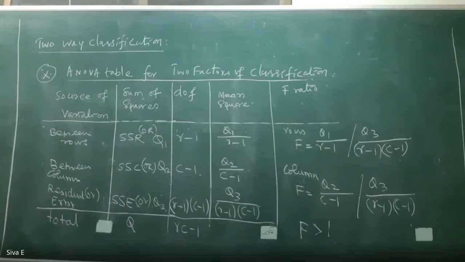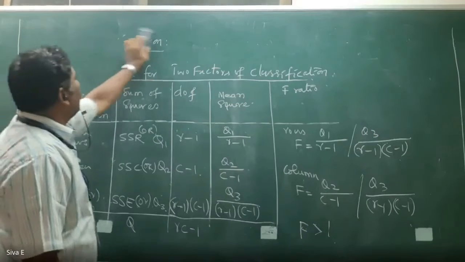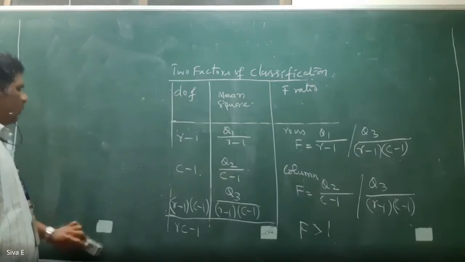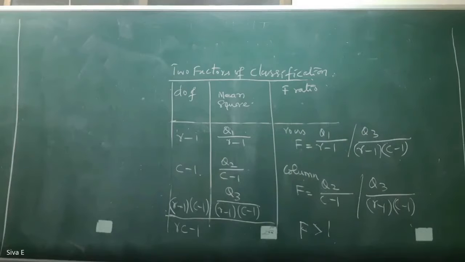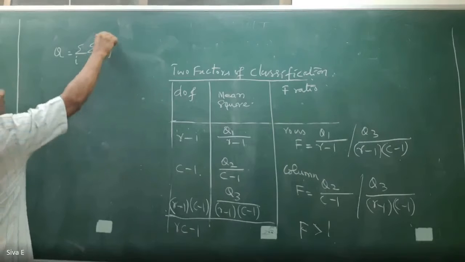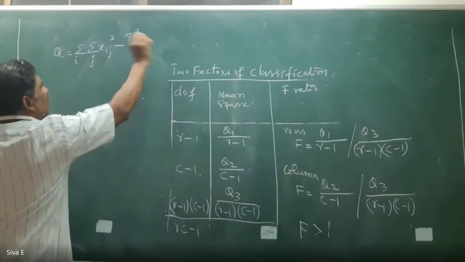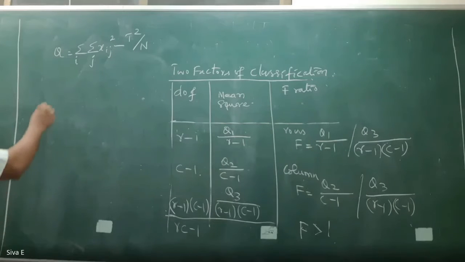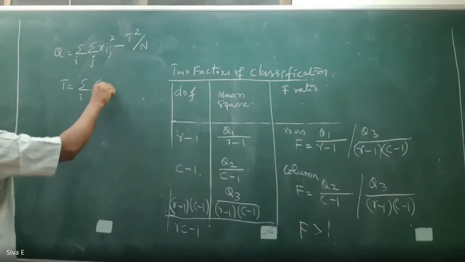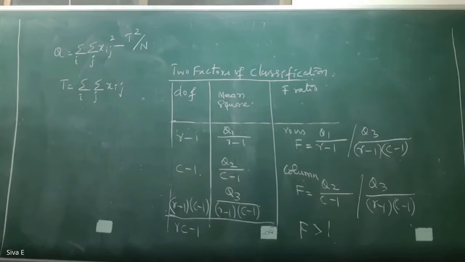Now we have to find Q1, Q2, Q3. Formulas to find them: Q equals summation of i, summation of j, Xij square minus T square by N, where T is summation of i, summation of j, Xij.